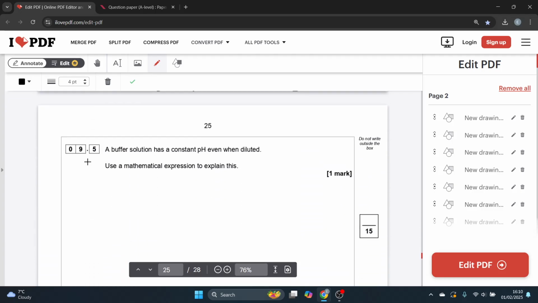And then it says a buffer solution has constant pH even when diluted, use a mathematical expression to explain this.